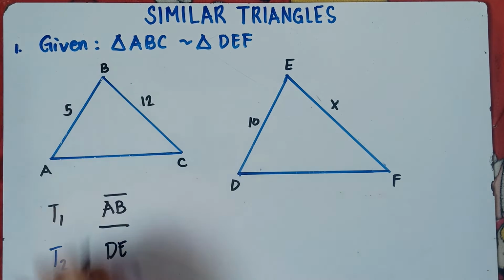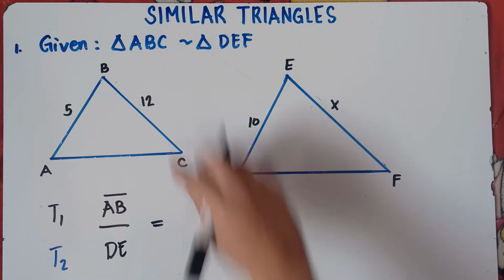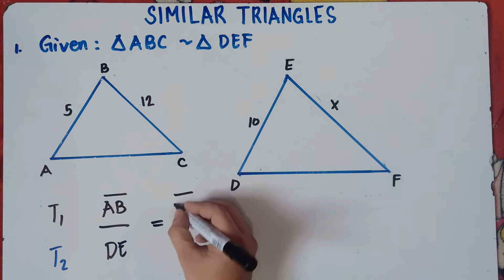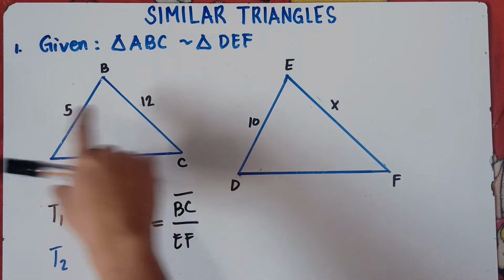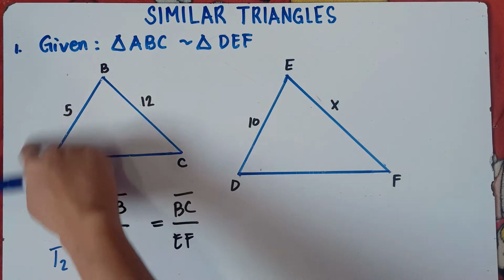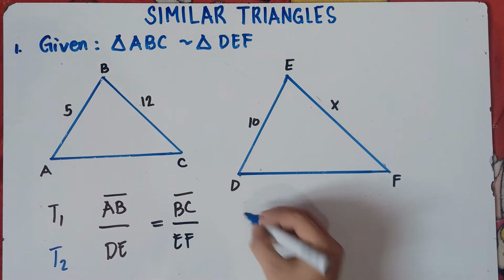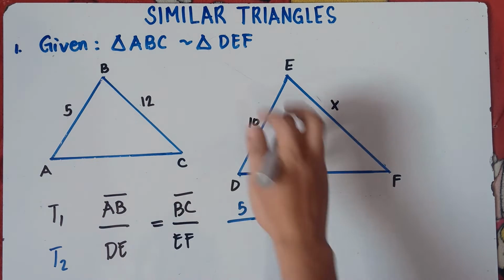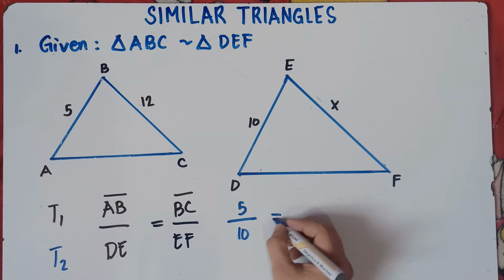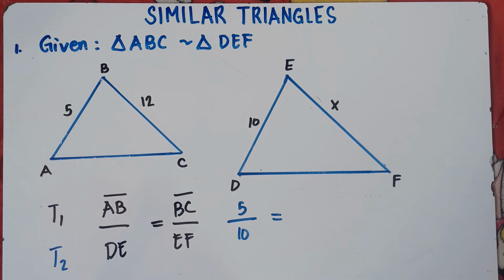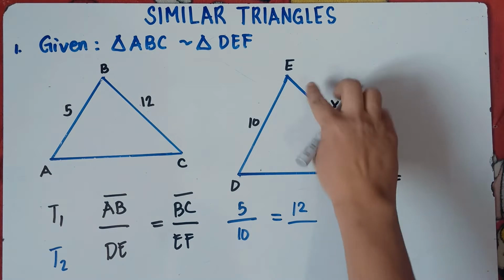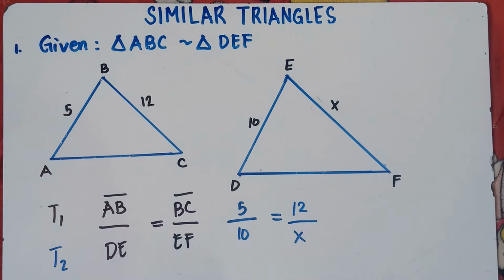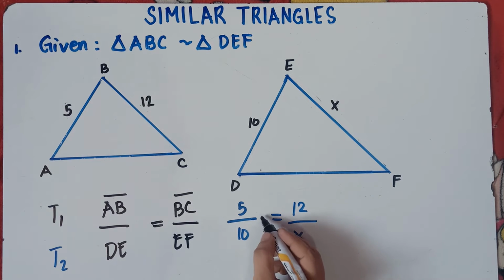Triangle 1, that is AB, over triangle 2, that is DE, is equal to side BC over line segment EF. And then simply substitute, class. AB is 5, over DE, that is 10, equals BC, that is 12, over EF, that is X. To get the value of X, just simply cross multiply, class.